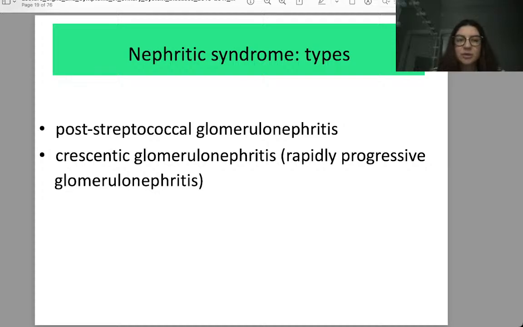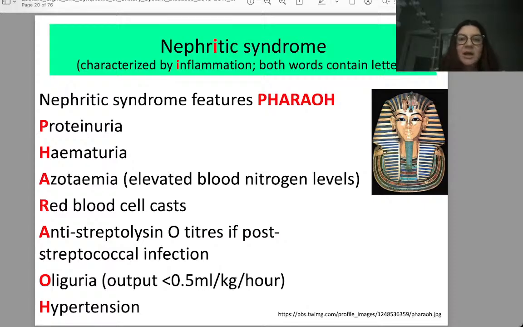Types of nephritic syndrome include post-streptococcal glomerulonephritis, crescentic glomerulonephritis, and rapidly progressive glomerulonephritis. And the criteria are usually the same as for nephritic syndrome. All of them contain the letter I and correspond to the mnemonic PHARAOH, where P is proteinuria, H hematuria, A azotemia with elevated blood nitrogen levels, R red blood cell casts.